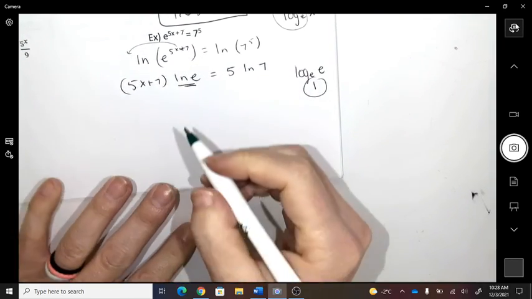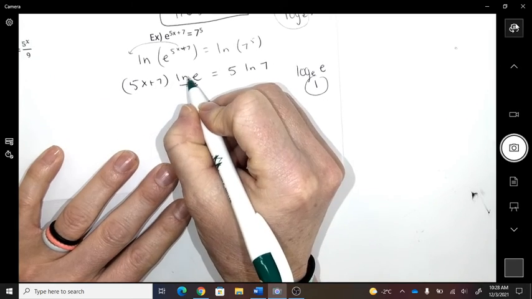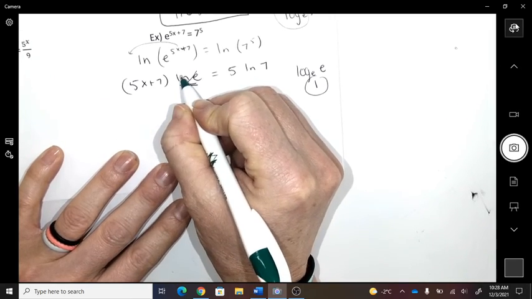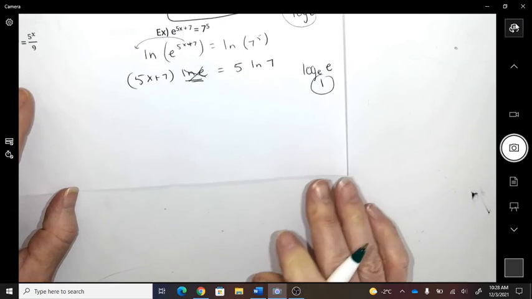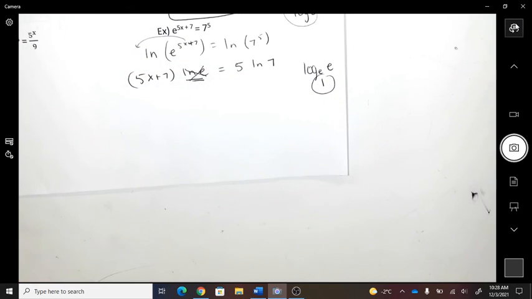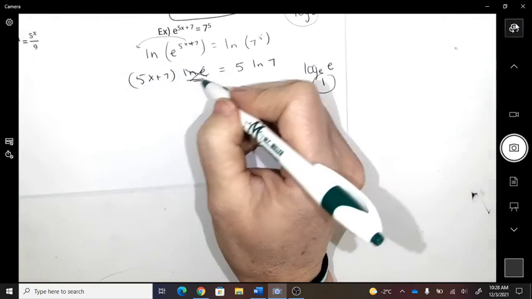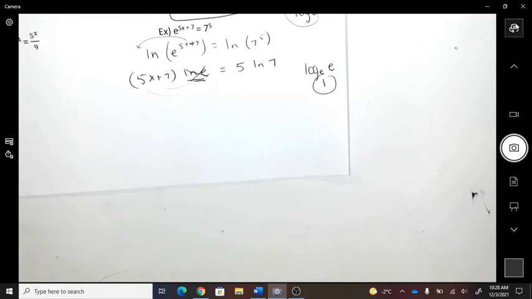Okay? So if this is 1, is that okay if I just do that? If it's 1, I don't need to times it by that, right? Okay, if you had done log e, you would have been FOILing or distributing and doing a bunch of steps. Not wrong, but you would have way more steps.